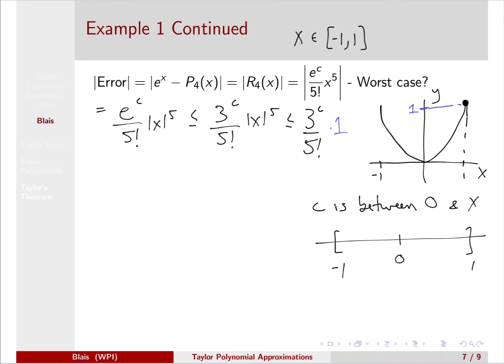Wherever c is, it's somewhere in this interval, which means it also is between -1 and 1. What's the largest 3 to the c could be? Well, we know the largest this would be is if c is equal to 1.